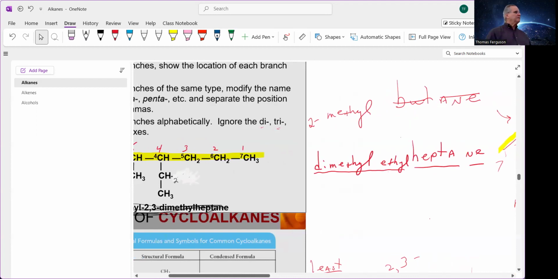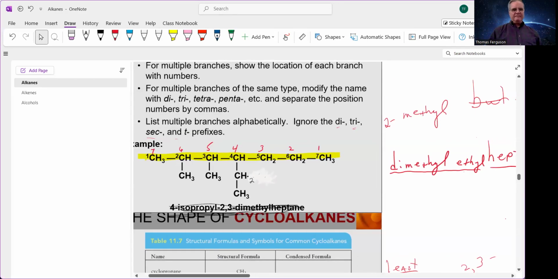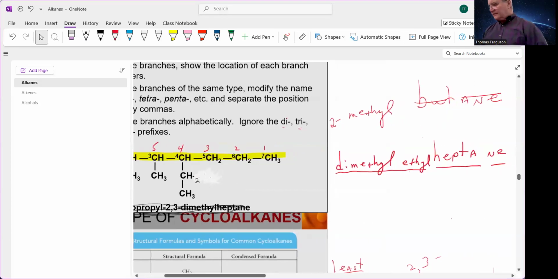Now we have to number the carbons on the backbone from which the branches come. Carbon number 4, it doesn't matter which way we name it, we get the ethyl group. So that's going to be carbon 4 for sure. So that's 4-ethyl.